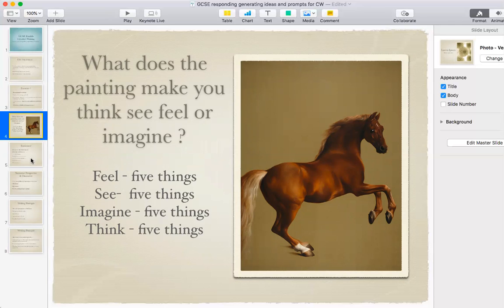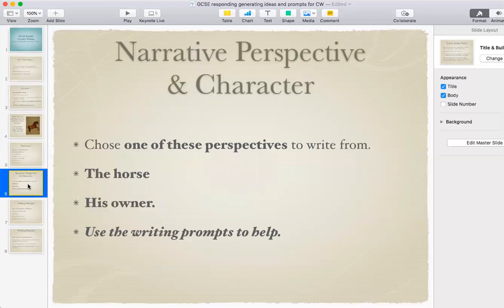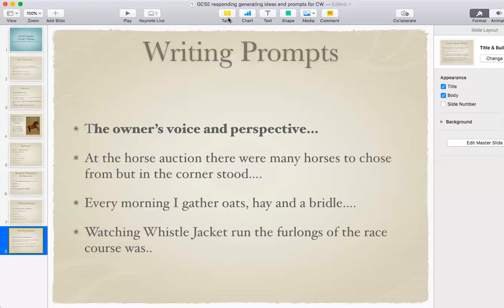When you've got those down, you then want to write a list of his life story: the type of place, why he's called Whistlejacket, try and describe his character and who his owner is. And then choose a narrative perspective, the horse or his owner, and use either one of the writing prompts to help you. Okay, that's part 1 of your lesson. I will do a lesson on the painting after this. Bye.